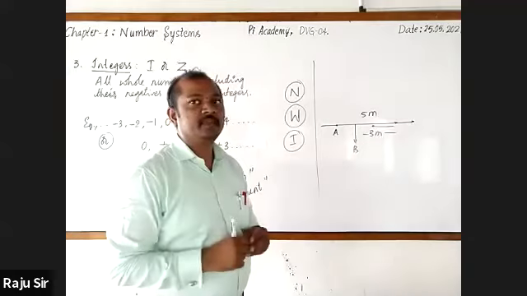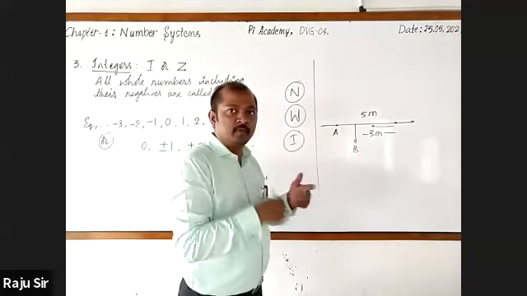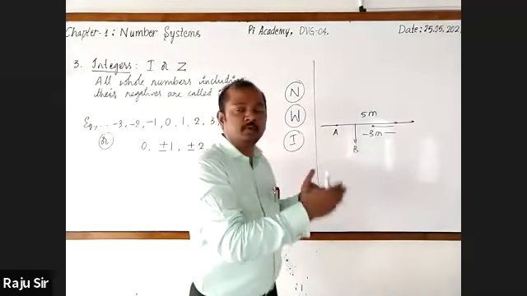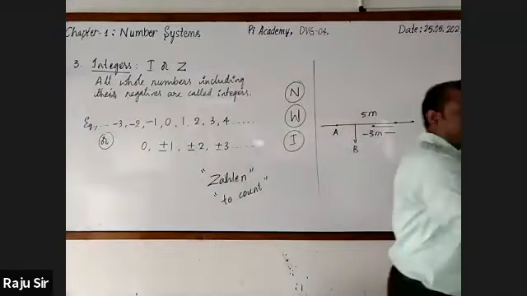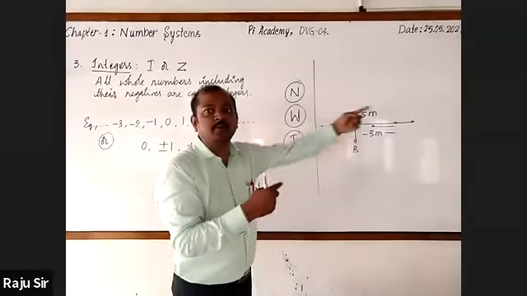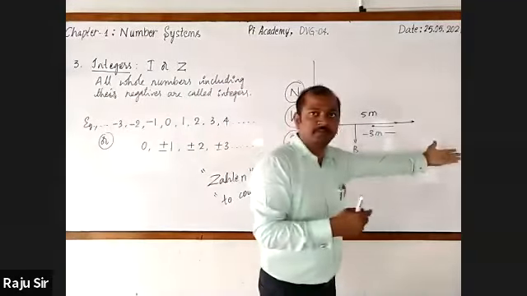5 minus 3 is equal to 2. Listen here, students. In forward movement, we will choose the positive numbers. If a person has moved 5 meters, it is plus 5.